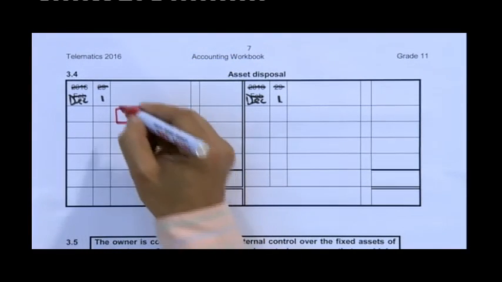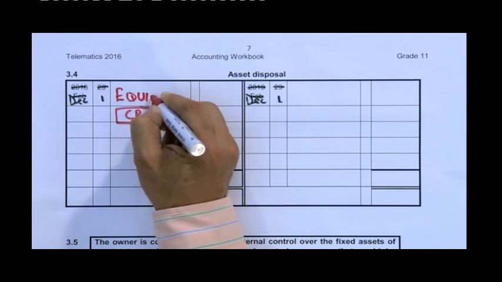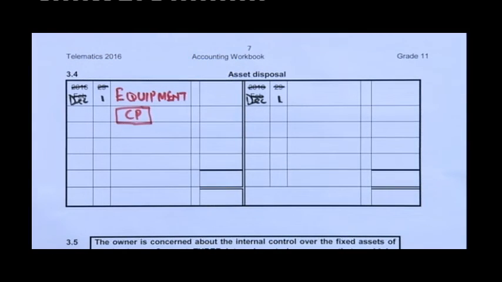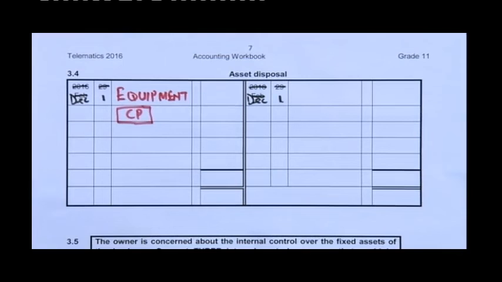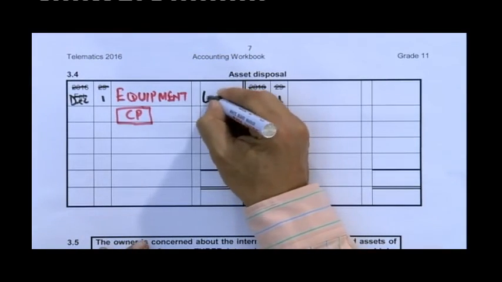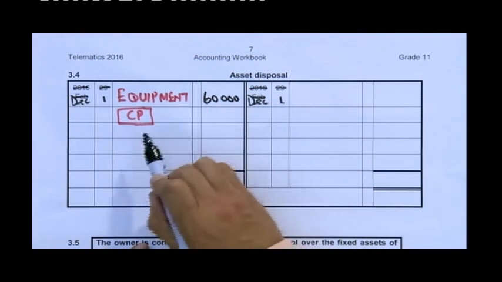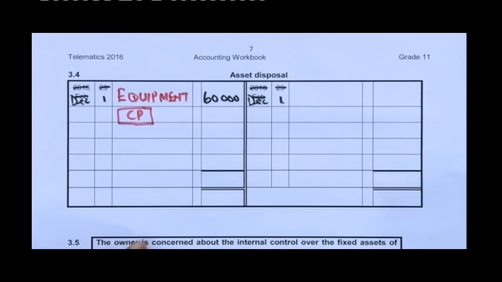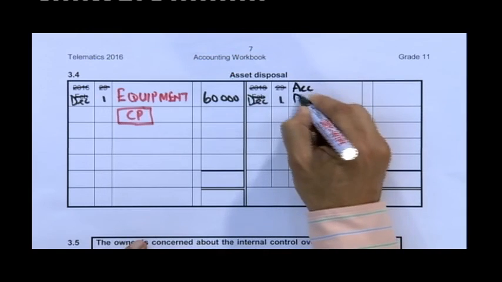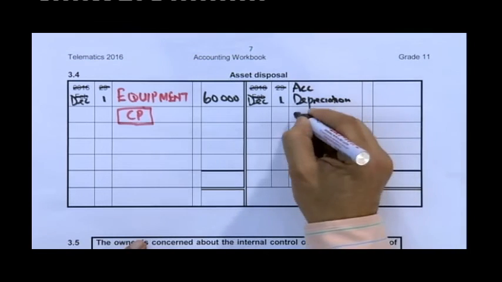In this case it was equipment, so we write the contra account as equipment. And we know, grade 11, that from the question it says equipment with a cost price of 60,000. Then the item on the credit side is going to be accumulated depreciation on equipment.